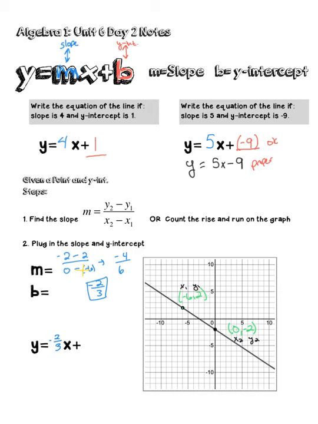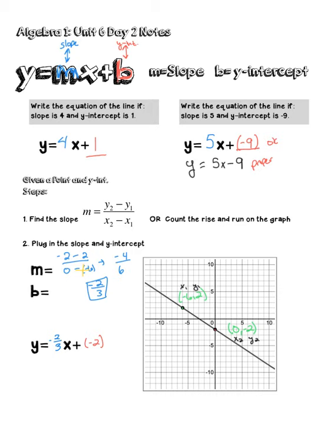Now, we have to find our y-intercept, our b. Now, the y-intercept, remember, is where the line crosses the y-axis. Well, we have a dot right here. The line crosses the y-axis at 0, negative 2. So our y-intercept is negative 2.